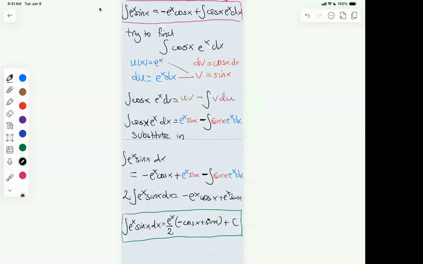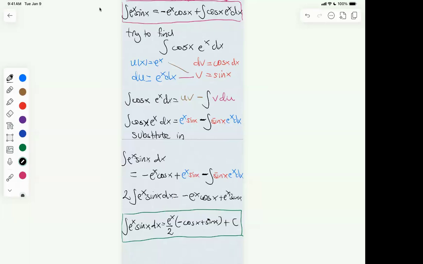The nice thing about sines and cosines is that their derivatives alternate: the derivative of sine is cosine and the derivative of cosine is minus sine, so they're more or less the same. In general, if it has something trigonometric, that is a good thing to look for.